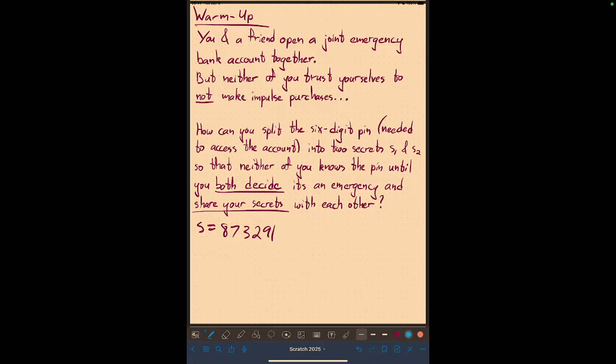So let's say n is equal to 1,000,000, because 6 digits go from all zeros to all nines. Let's wake this computer back up.